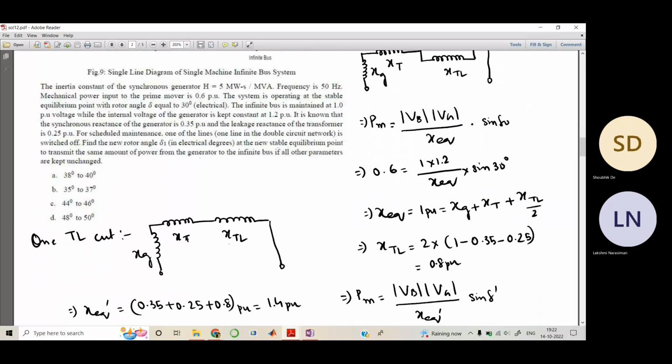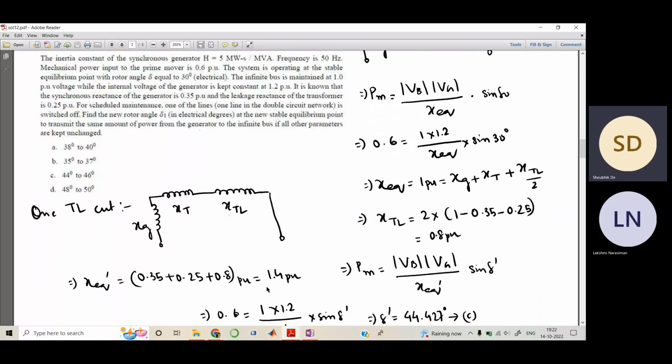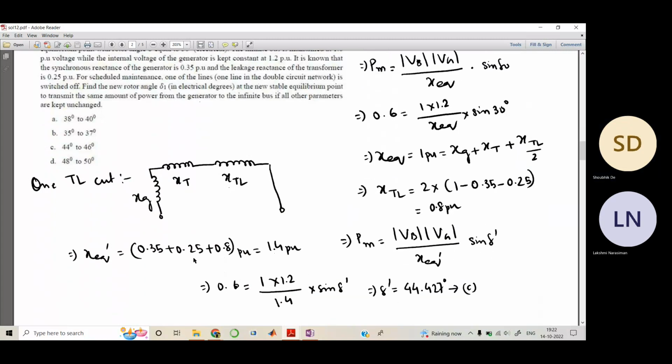So you have to calculate the new inductance value of the line. This plus this becomes 1.4 per unit. Your equation remains the same, only this changes, and everything else remains the same. We just calculated the new inductance of the line.